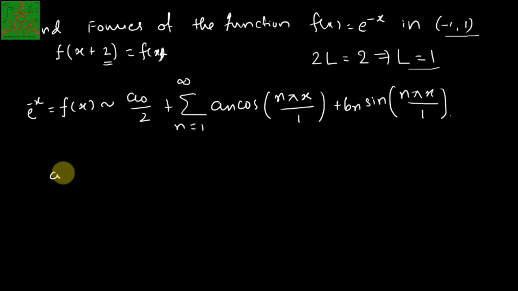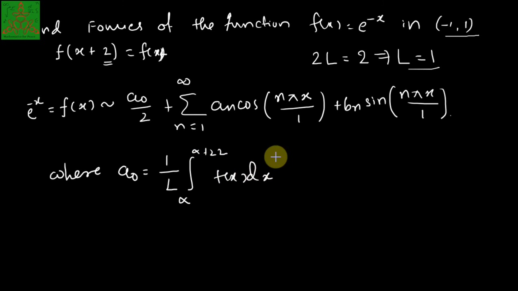Let us calculate one by one. The first one is a0, which is 1 upon l integral from alpha to alpha plus 2l of f of x dx, as per the definition of this a0.